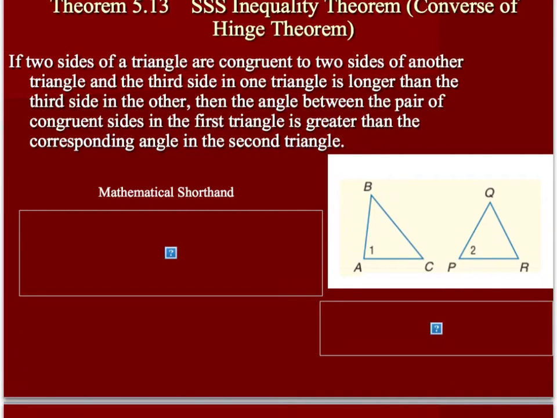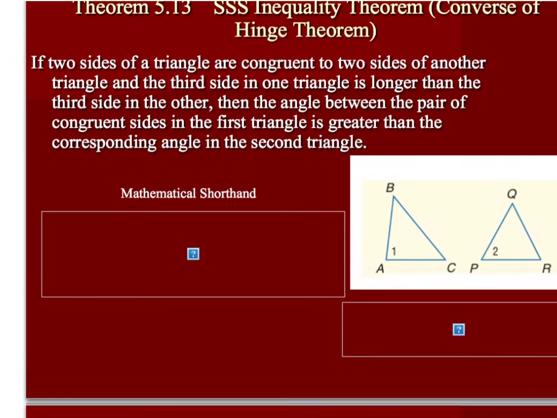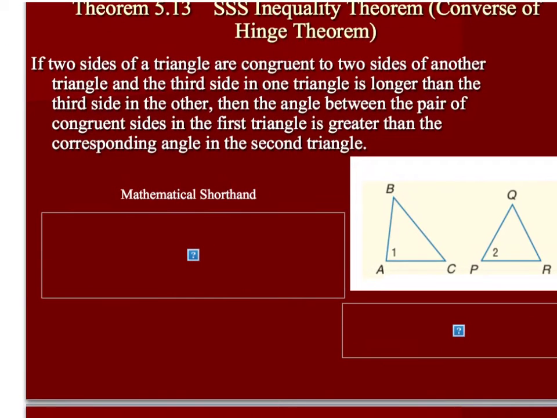All right, let's look at the converse to the hinge theorem, the SSS, or side-side-side inequality theorem. If two sides of a triangle are congruent to two sides of another triangle, and the third side in one triangle is longer than the third side in the other, then the angle between the pair of congruent sides in the first triangle is greater than the corresponding angle in the second triangle.